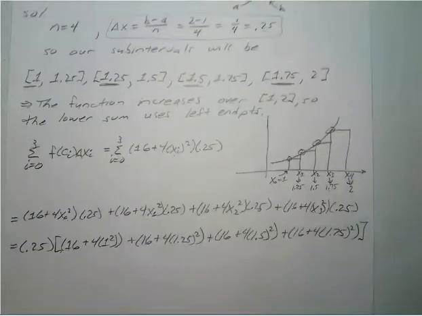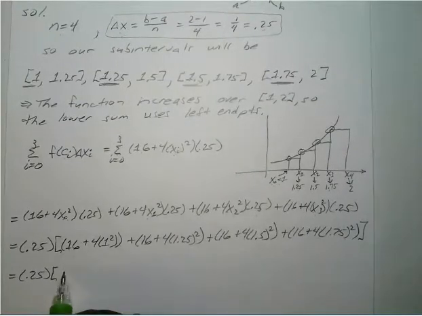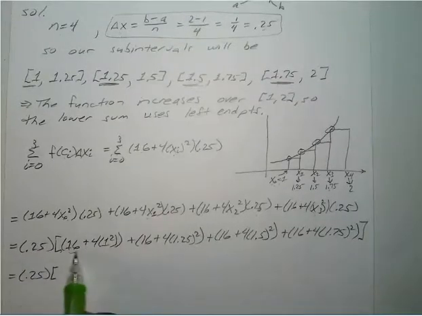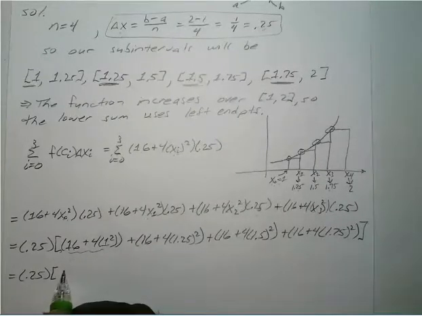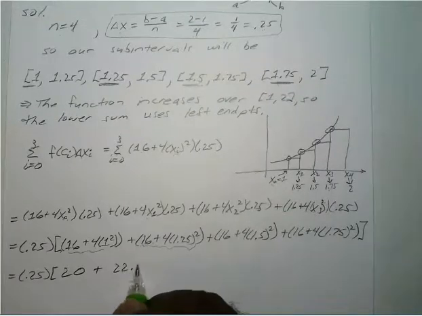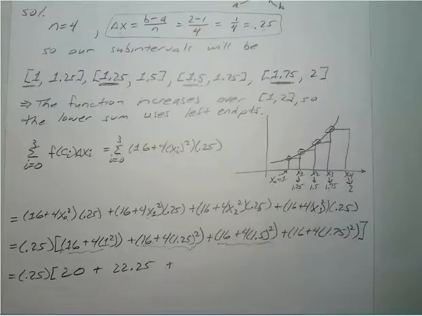Alright, so if we go ahead and simplify each one of those terms, you don't need to rewrite that. We can just go ahead and simplify that one. So 16 plus 4 times 1 squared is just 20. Plus 16 plus 4 times 1.25 squared, this is 22.25. Plus 16 plus 4 times 1.5 squared, that is 25.